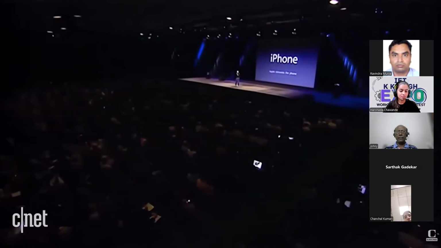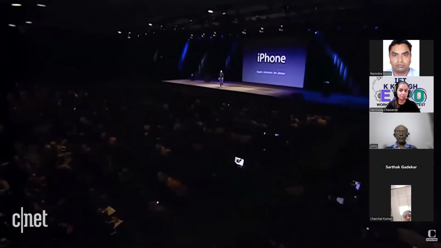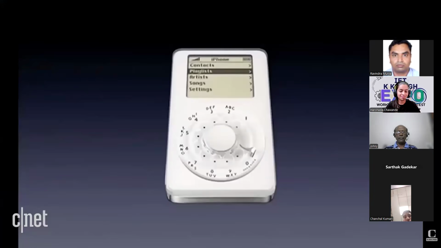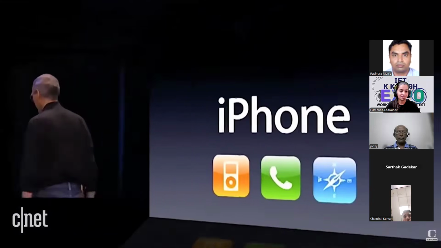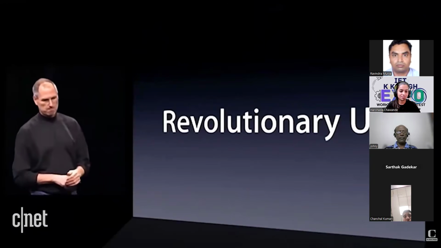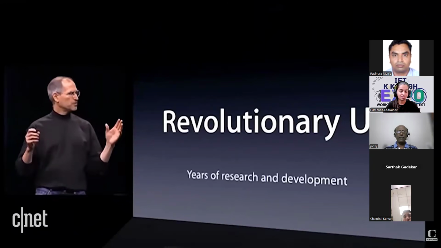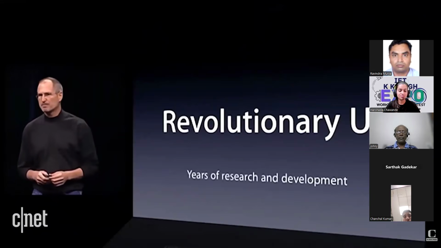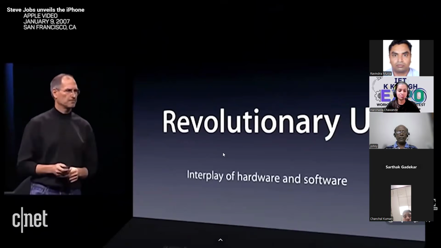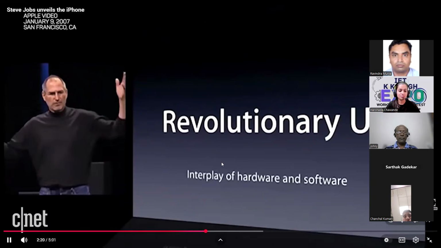Today, Apple is going to reinvent the phone. And here it is. So, we're going to reinvent the phone. Now, we're going to start with a revolutionary user interface. It is the result of years of research and development, and of course it's an interplay of hardware and software. Now, why do we need a revolutionary user interface?